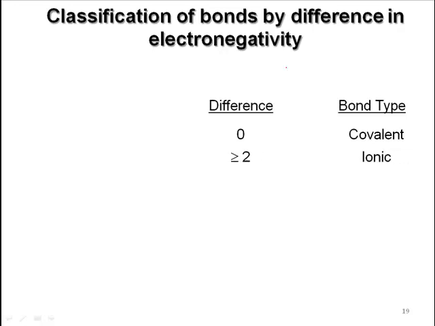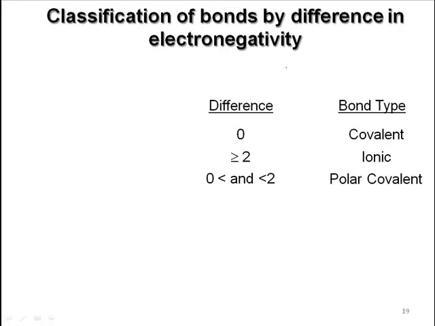Now, the classification of bonds by differences in electronegativity. These are the numbers we have to use, or are most commonly used, to define a bond type. If there's no difference, it's called covalent. If the difference is greater than 2, it's called ionic. And if it's in between, it's called polar covalent. Now, you will see some debate around this 2 right here.